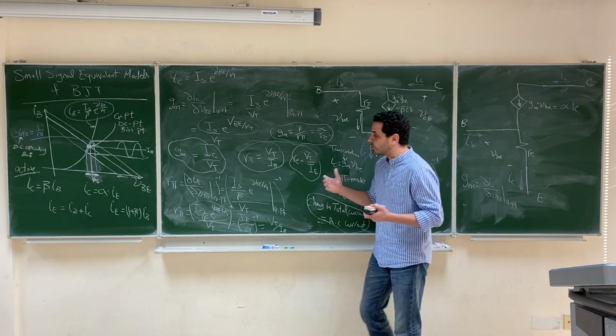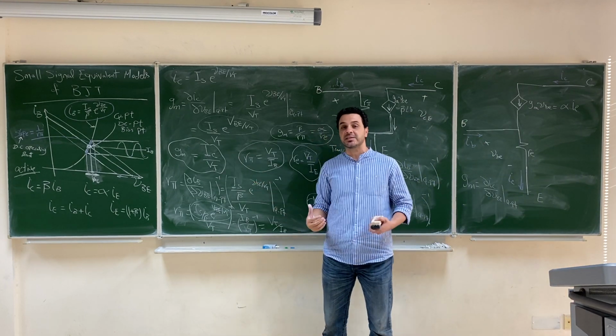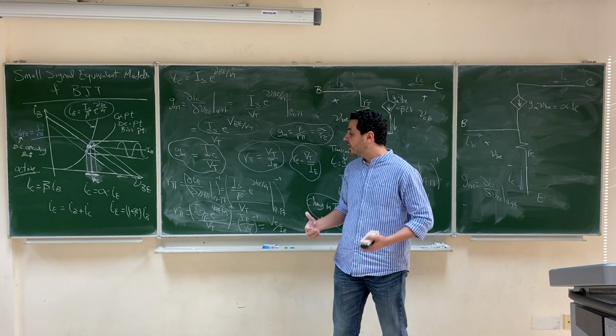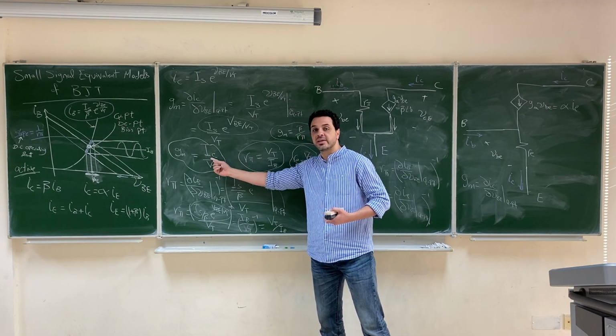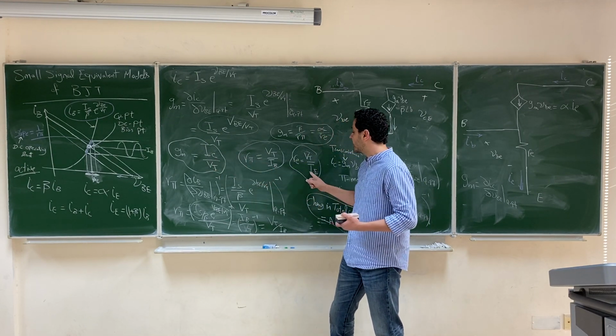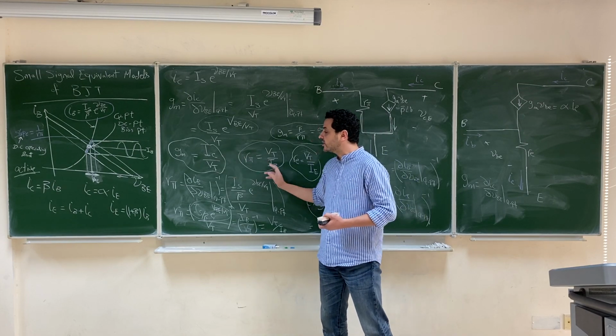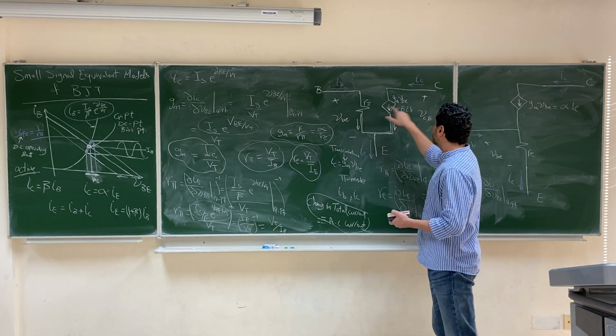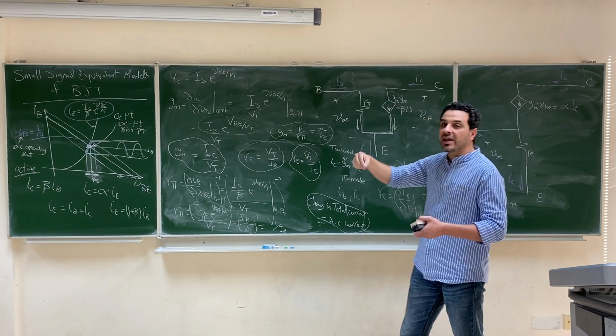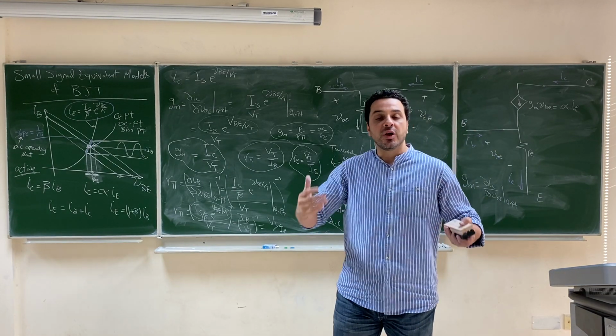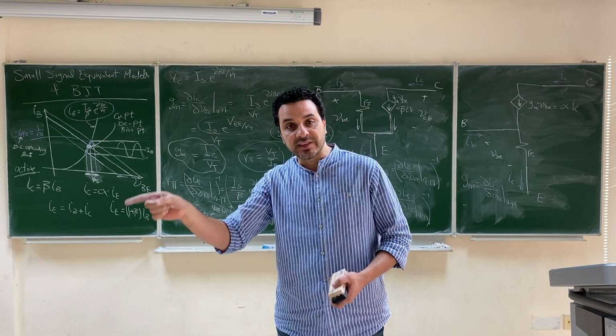In order to calculate the parameters, you have to solve the DC circuit first. You have to calculate the DC value of IC, the collector current, the base current, the emitter current, and then you substitute in these equations in order to get the parameters that you are going to use in the AC analysis. So you cannot solve the AC analysis before you solve the DC analysis first.